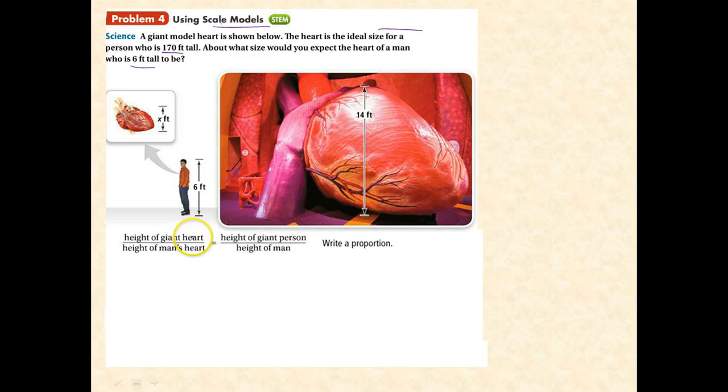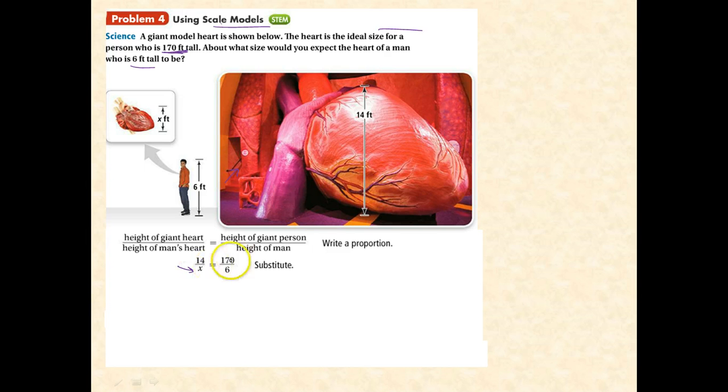So let's substitute. The height of a giant heart is 14 feet. The height of the man's heart is what we are looking for. The height of a giant person, they say, is 170 feet. And the height of the man is 6 feet.